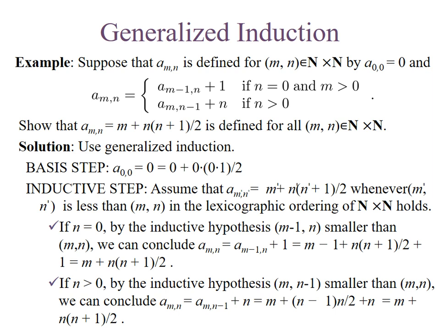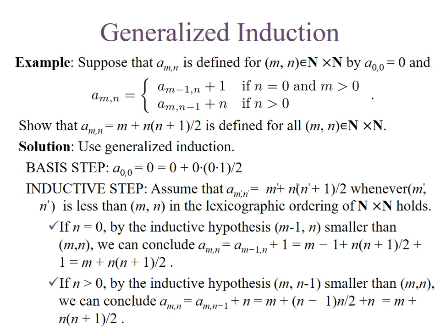For A(m,n), we use the first equation because we assume m is 0, so the result is A(m minus 1, n) plus 1. We can apply this equation directly because we assume all ordered pairs less than (m,n) follow the property.